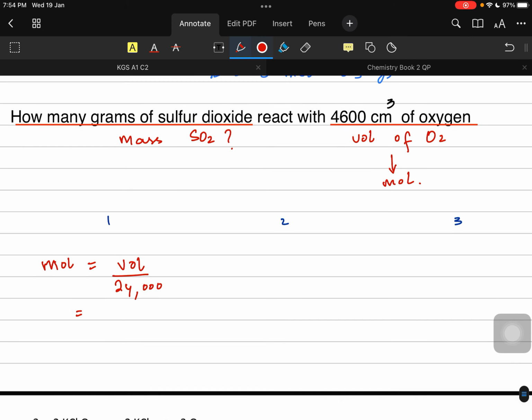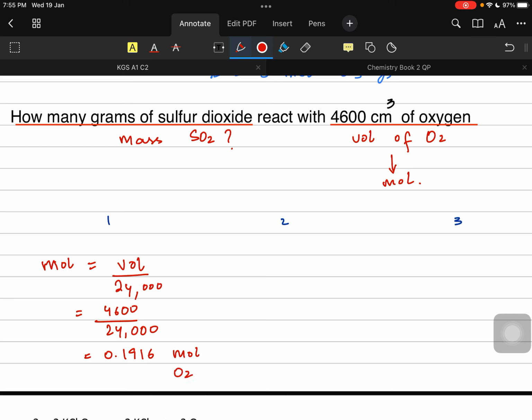What is the volume? It's 4600 volume units of gas divided by 24,000. So we divide this value by 24,000, and we get the moles, sorry, the moles. So we get 0.1916. This is the mole of oxygen over here.